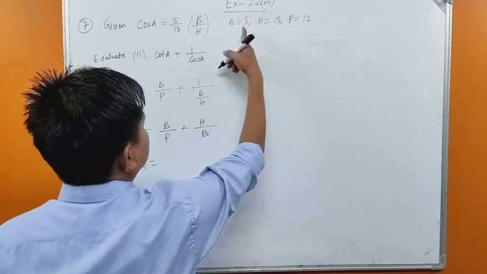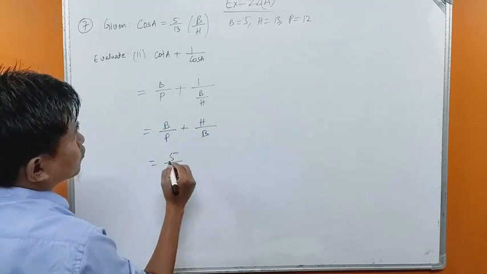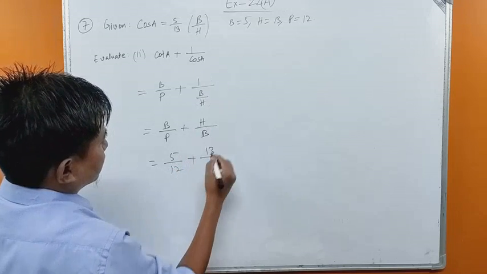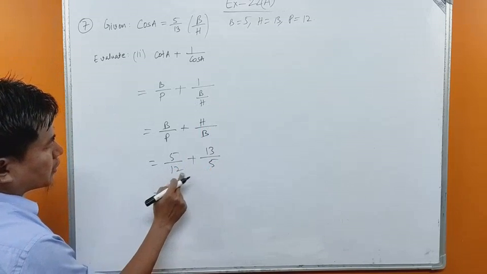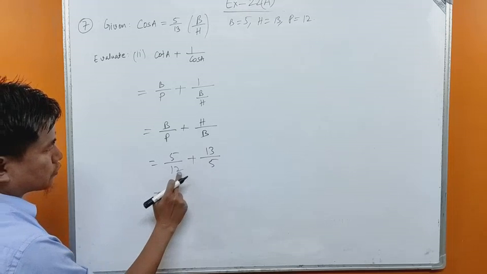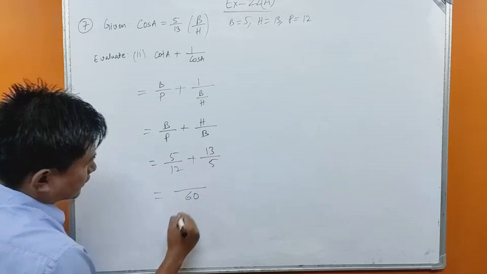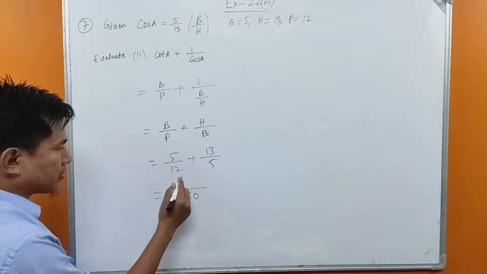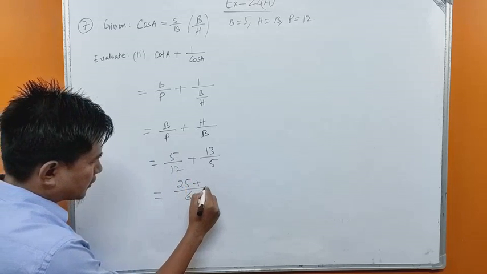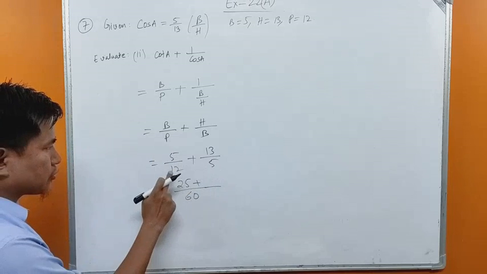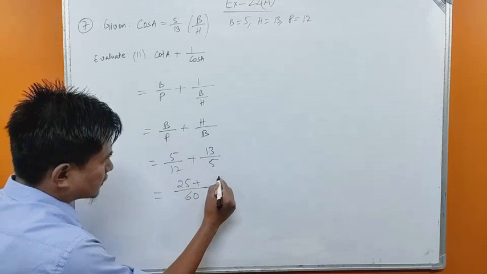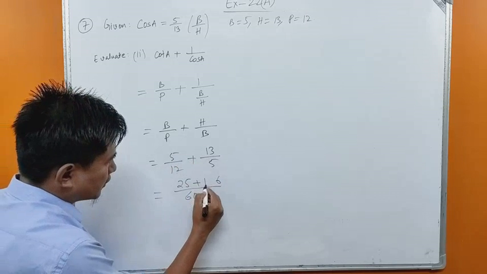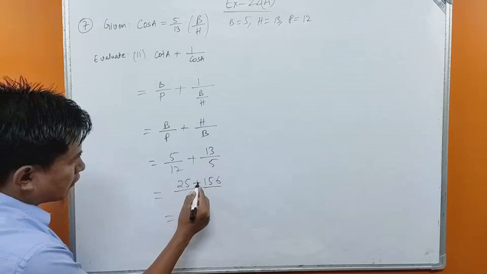Now let us put the values of b, p and h. B is 5, p is 12, plus h is 13 and b is 5, isn't it? There is no common multiplication table between 12 and 5, so LCM will be 60. 5 into 5 is 25, plus 12 into 13 is 156.